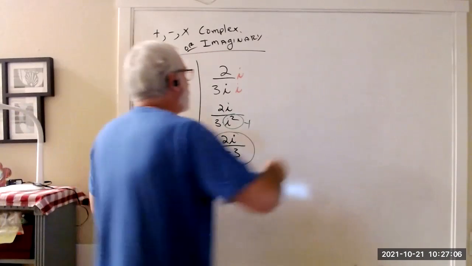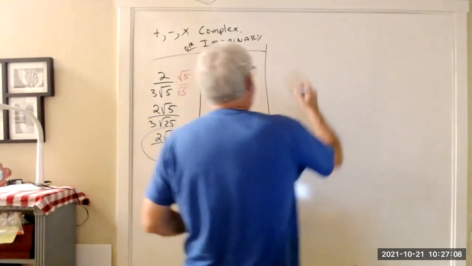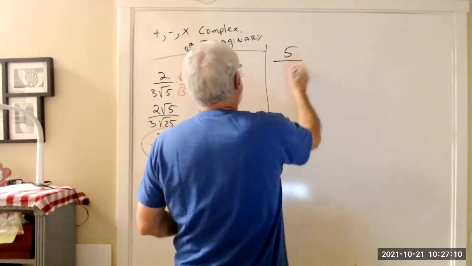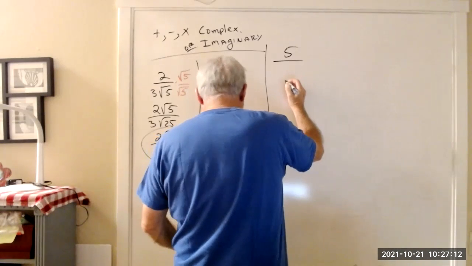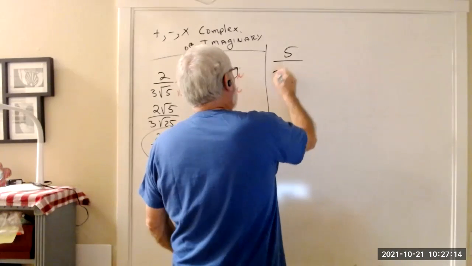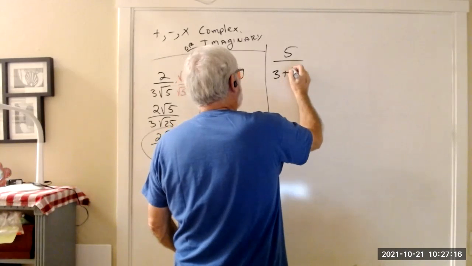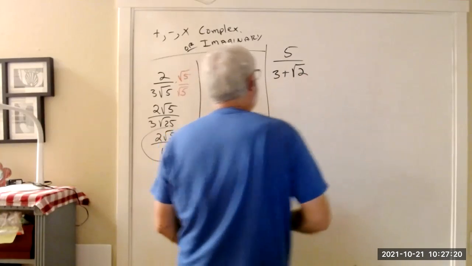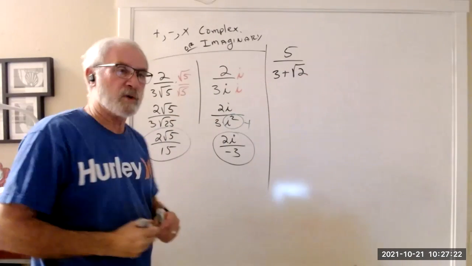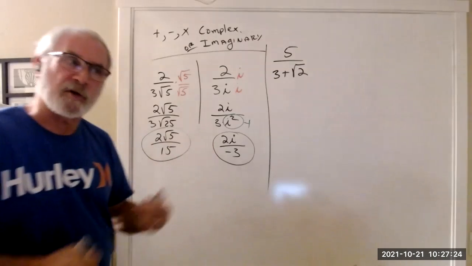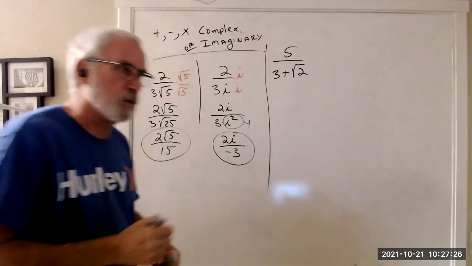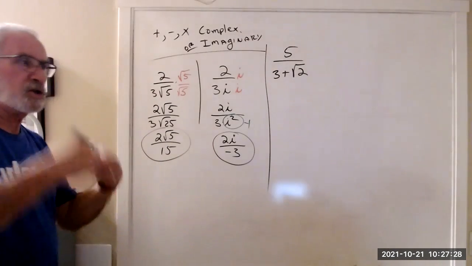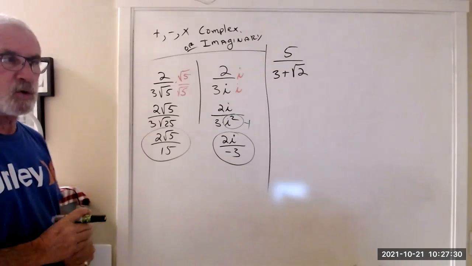All right, let's go back to this problem. What if we had 5 over 3 plus the square root of 2? This is a definite quiz number 2 question. This is a definite exam number 2 question.